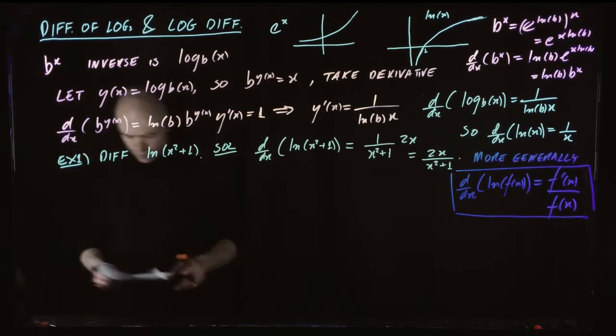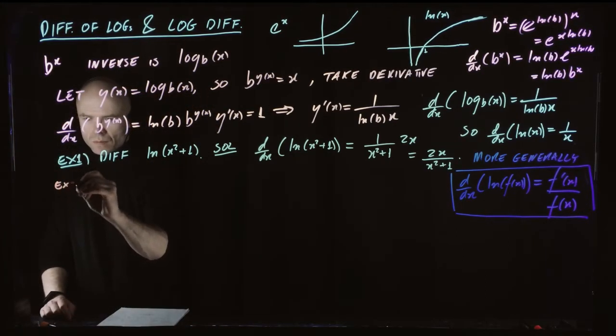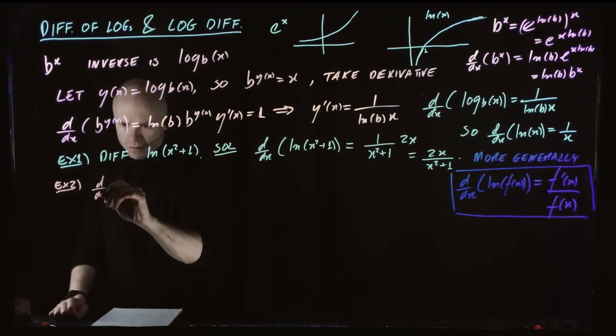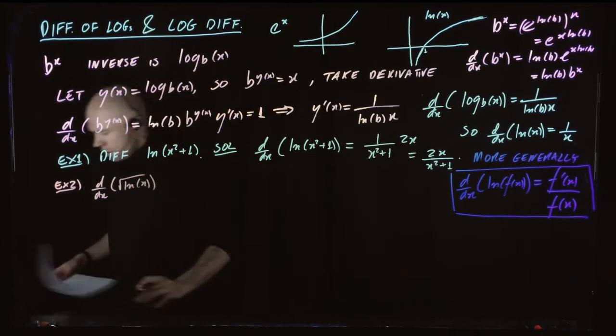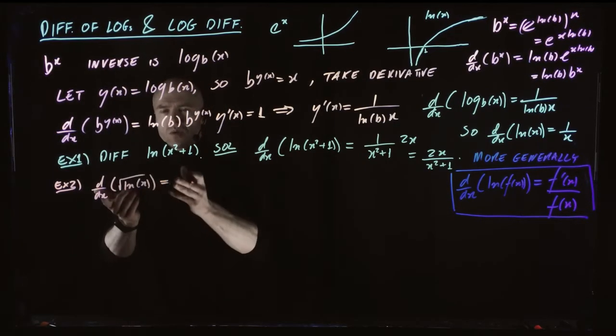Let's do another. Let's take the derivative of the square root of natural log of x. Okay. So the outer function is the square root, right?